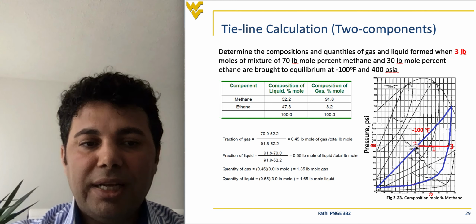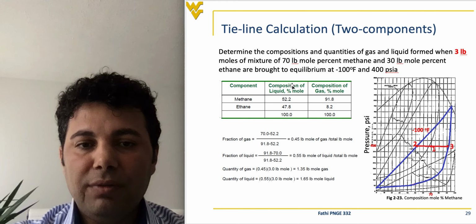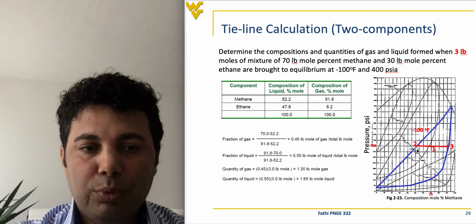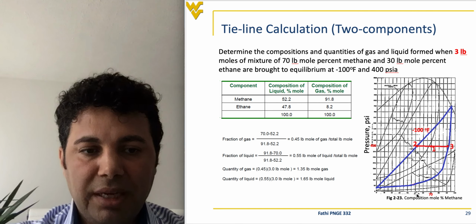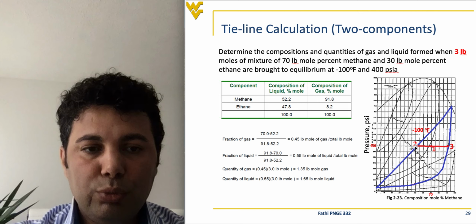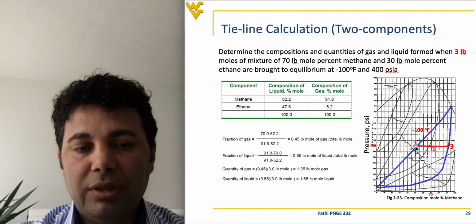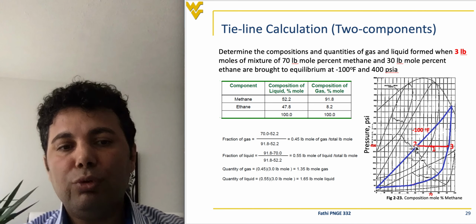Okay, so at saturated liquid, I can read the composition of the liquid. At point 2, I have 52.2% of methane. So if I have 52.2% of methane at this saturated liquid, then I should have 47.8% of ethane at that point. Because remember, it's a mixture of two components.